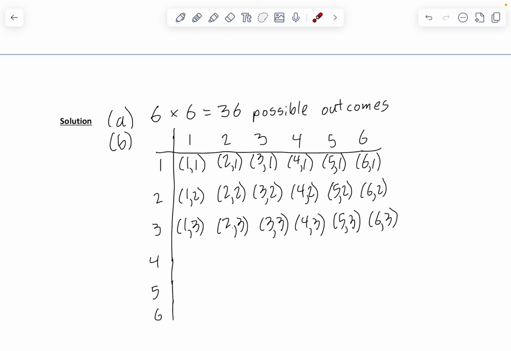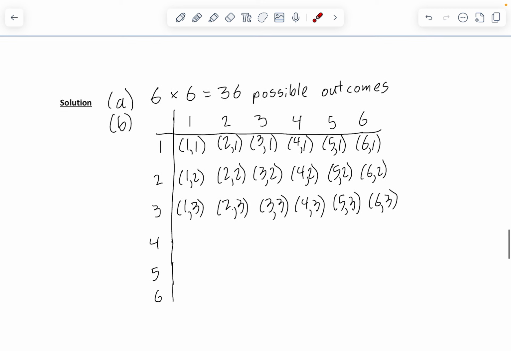So 6 plus 6 plus 6 plus 6 plus 6 plus 6, that adds up to 36, right? So yes, the table gives me the same number of outcomes as the fundamental counting principle right here, okay?